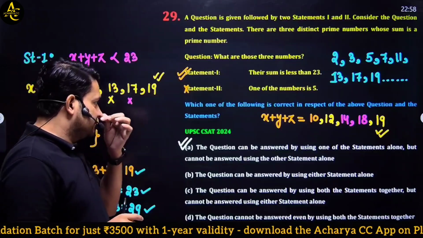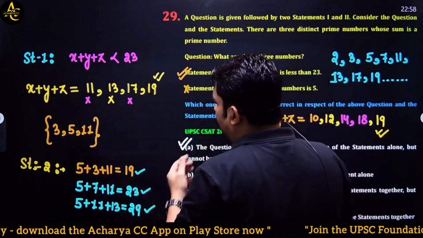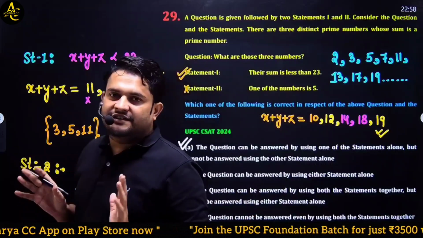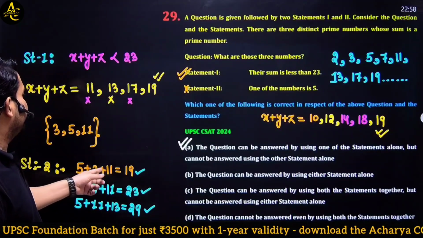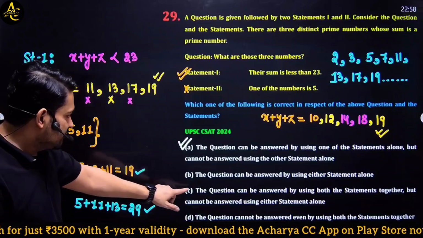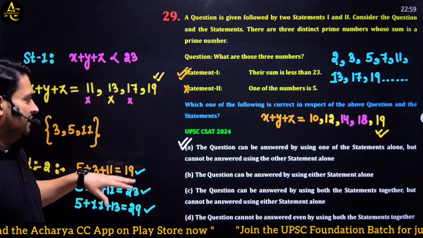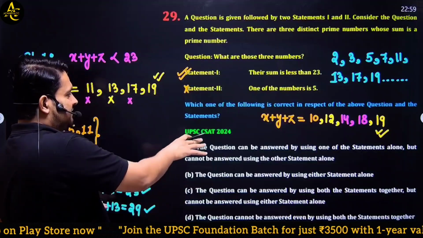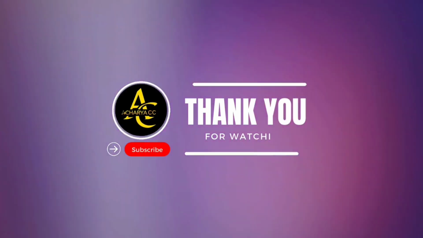This is the question that mostly all the students have done incorrectly, because they have seen that 5 is there, 5, 3, 11, so they pick this option, they combine both the statements. But the correct answer of this question is option.